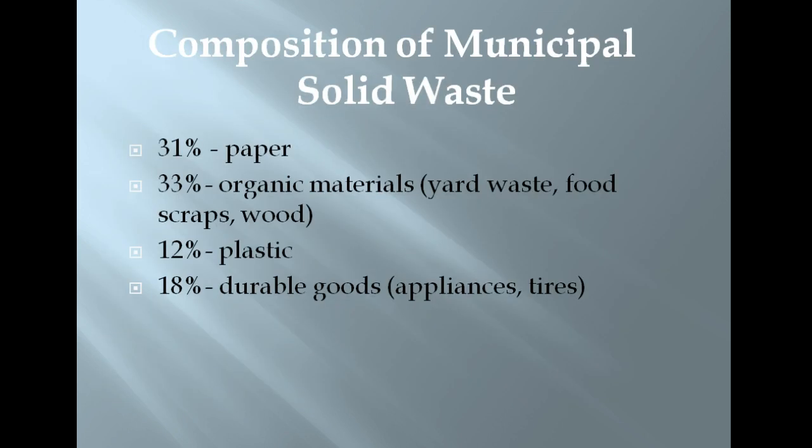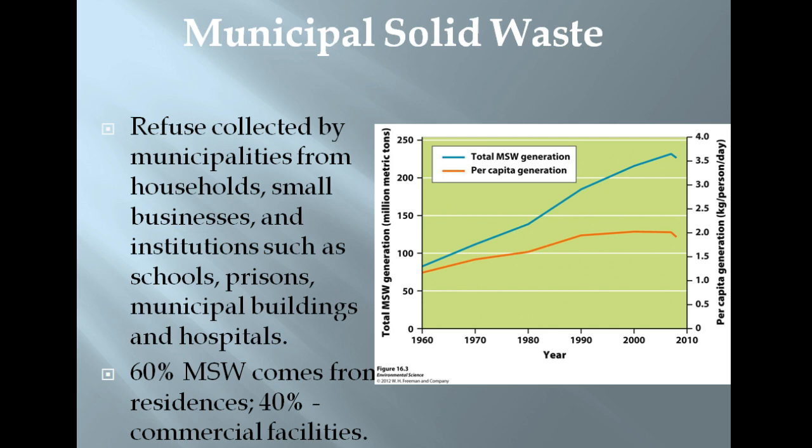So let me go back for a second to that graphic showing that by 2008, people were generating about 4.5 pounds of trash per day, or 2 kilos. That's a lot of trash. Even though we didn't do the experiment where you carry around your trash for a day, if you did that experiment, what you would notice, because I have done it, is that for me, a huge majority was containers or packaging.